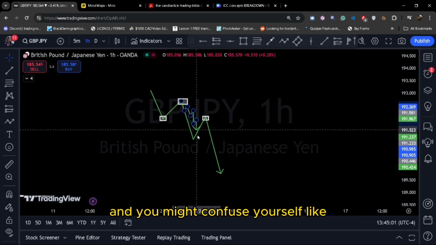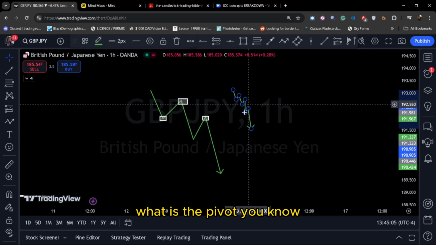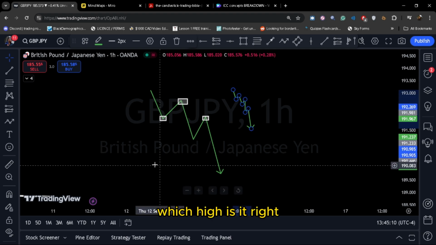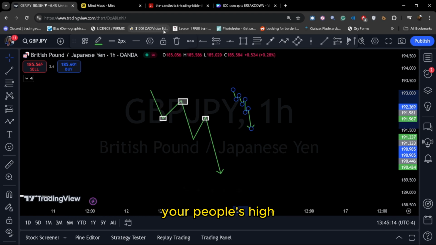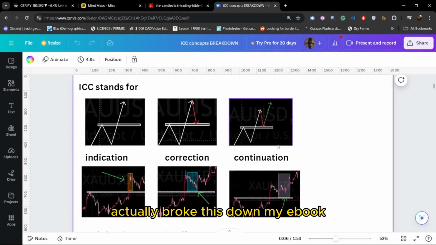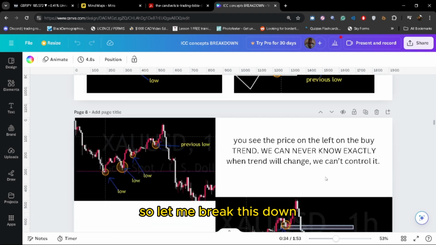And you might confuse yourself like, oh wait, so what is the pivot high? Is it this high, is it this high, which high is it? So let me give you a clear example of how to identify your pivot highs and pivot lows. When it comes to identifying, guys, you have to understand this. I actually broke this down in my ebook. So let me break this down.